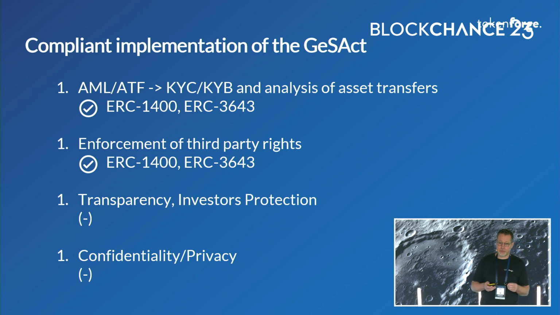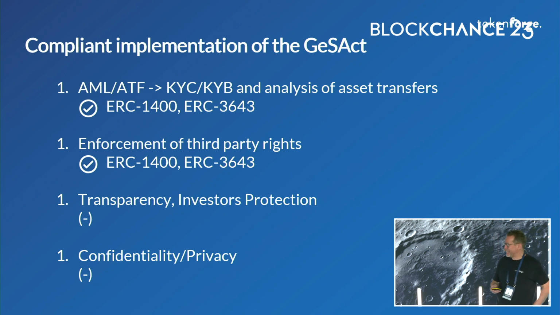We already have this God mode implemented that is enabling the forced transfer. But what we do not have implemented yet in those standards is the transparency, which is actually the idea that the register is always giving you the full information about what it is about. So it is about what the security is, the ISIN, and so on.